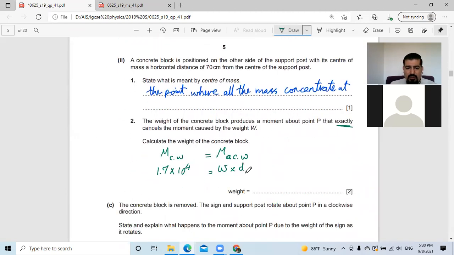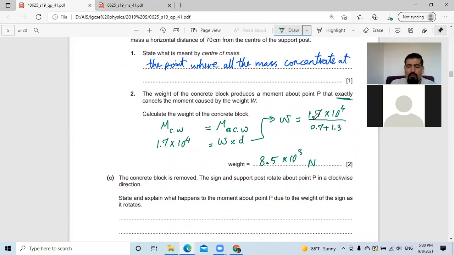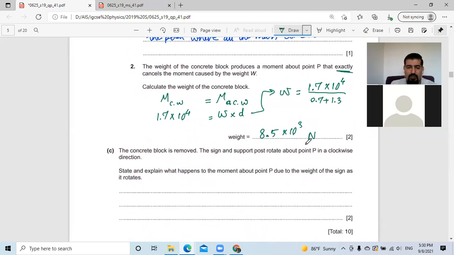So the weight equals 1.7 times 10 to the power of 4 divided by 0.7 plus 1.3, which means the total is 2. So the answer is 8.5 times 10 to the power of 3 newtons. That's half of 1.7 times 10 to the power of 4 newtons.